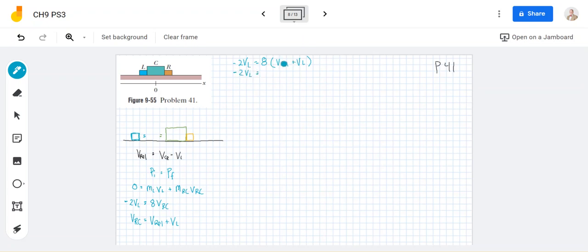So the relative velocity is 3. We got that from the original problem. The original problem tells us that when this is shot off, the relative velocity is 3 meters per second.